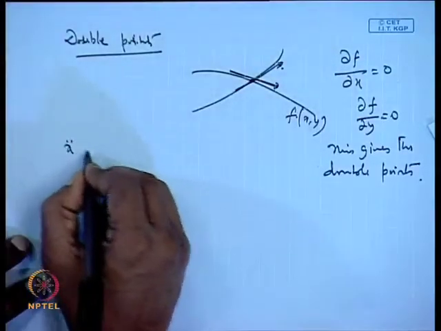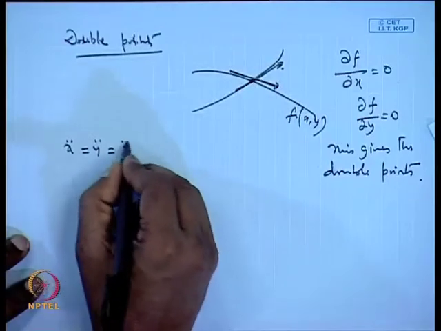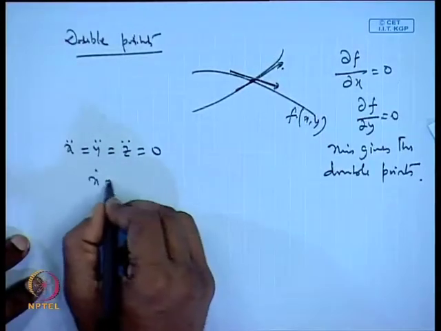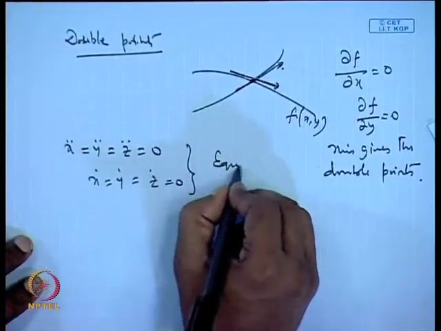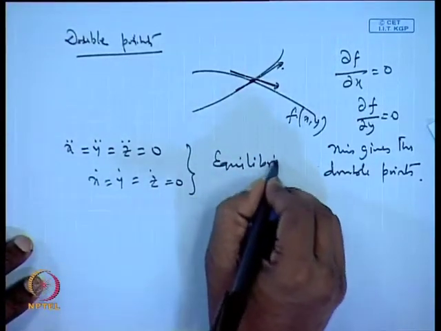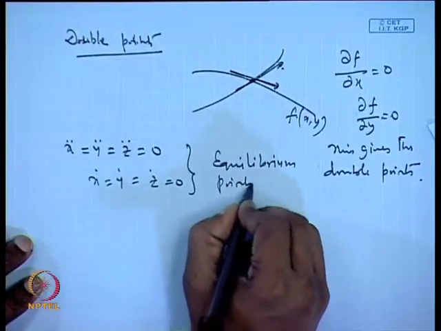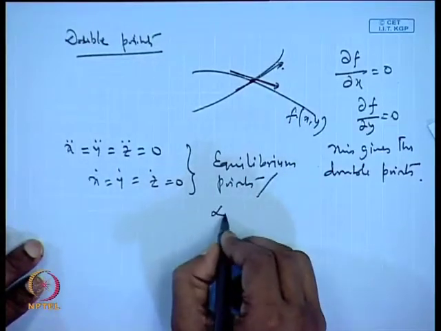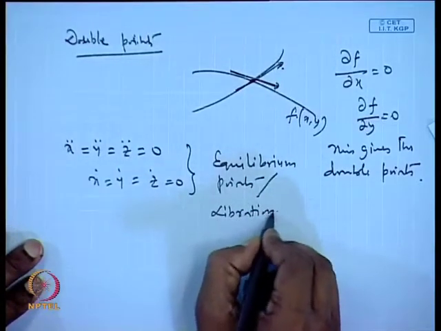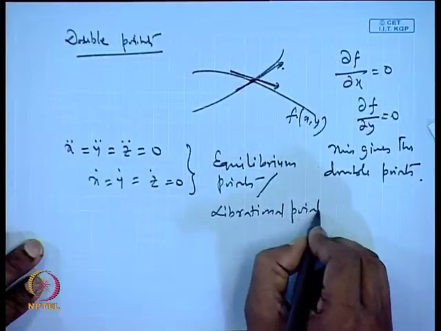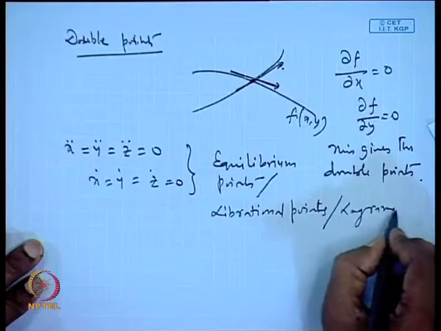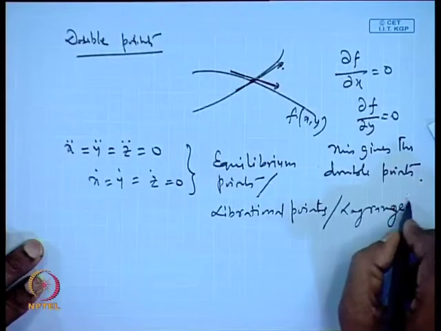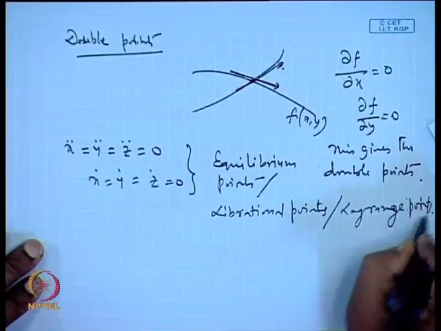So, we have x double dot, y double dot, z double dot equal to 0 and x dot, y dot, z dot equal to 0. This gives us the equilibrium points, or what we call the librational points or the Lagrange points.